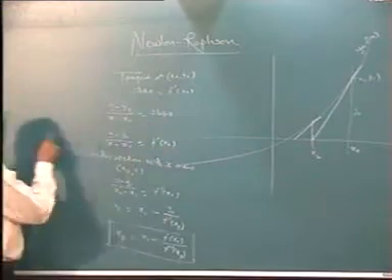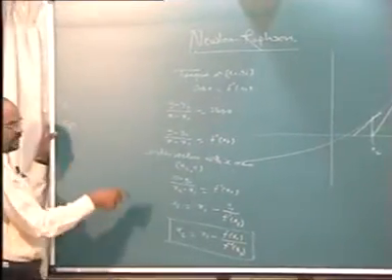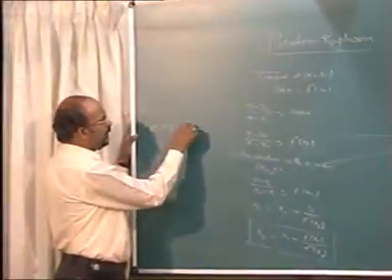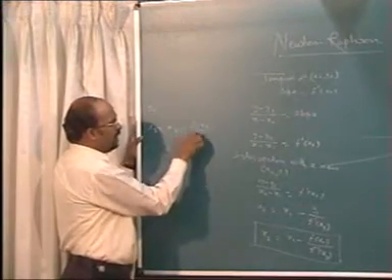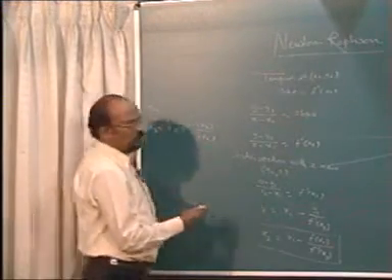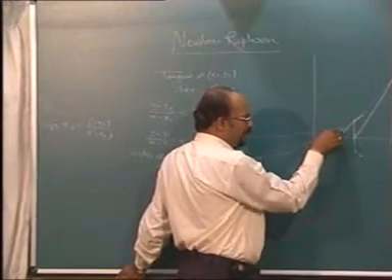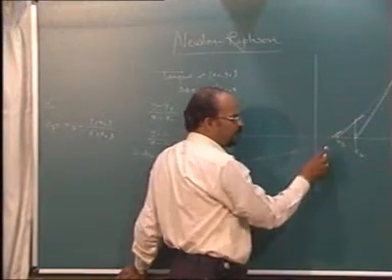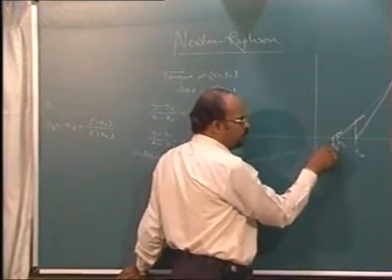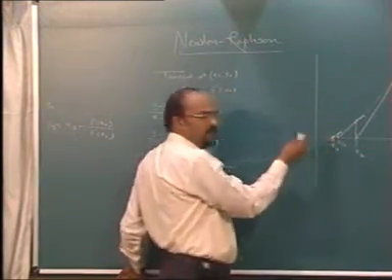So I can determine point x3 using the similar formula, x2 minus f of x2 upon f dash x2. I will get point x3. At this point I can again draw a tangent. I will be still closer, x4, again tangent, I will reach the root.